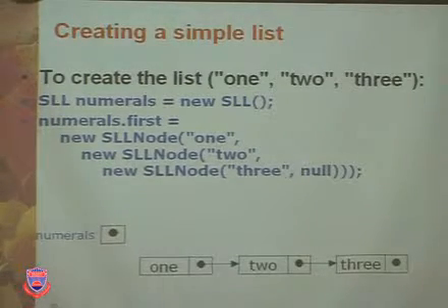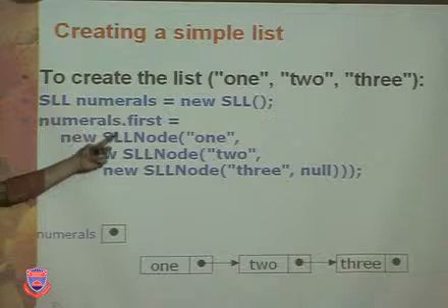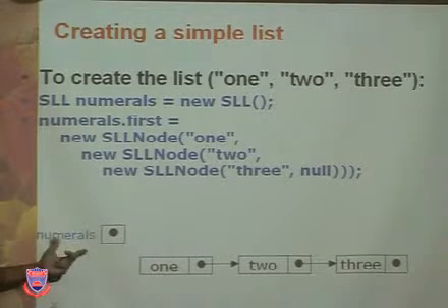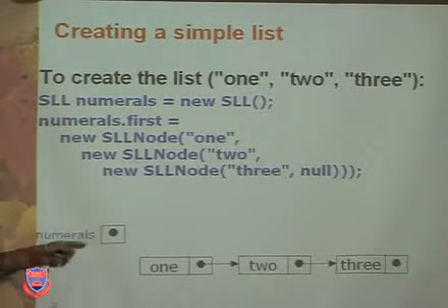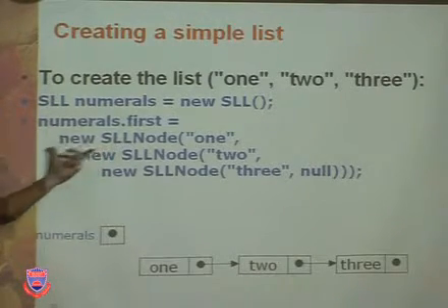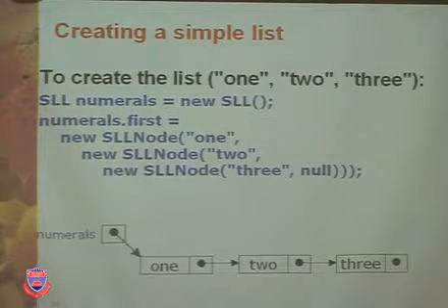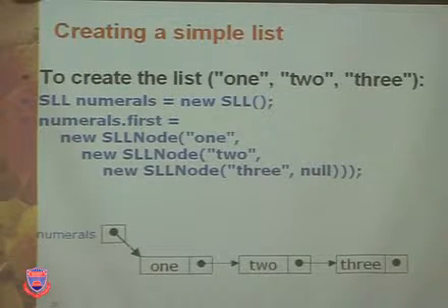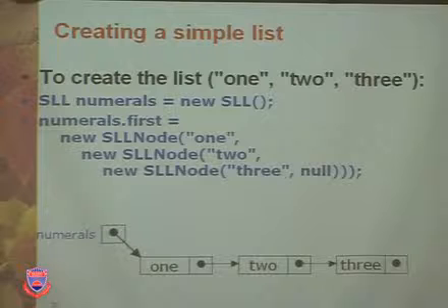So it's going to point to that, and then once you look into the first element of the numerals, the starting point is going to be this one, which is created by the first new statement, as you see here. Okay. So basically, you could do this.